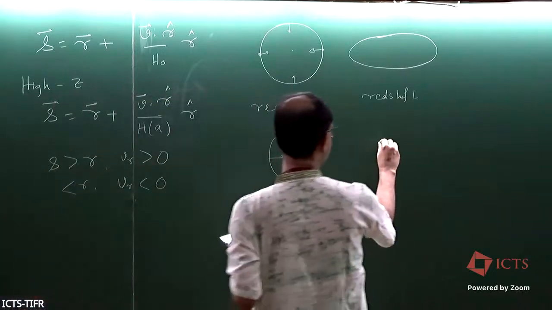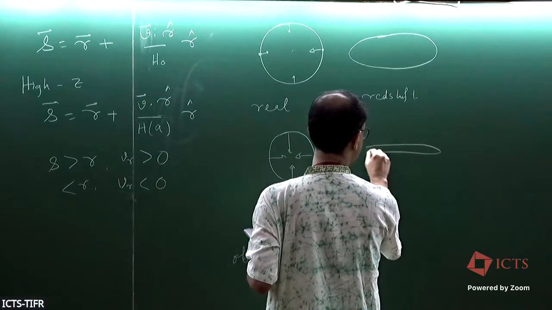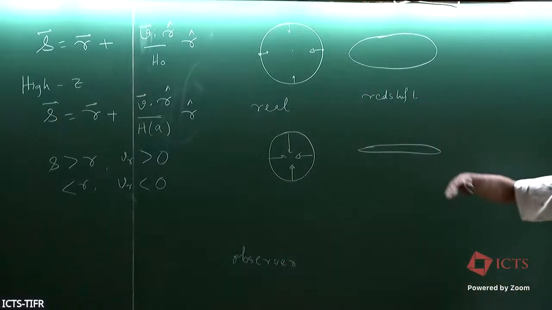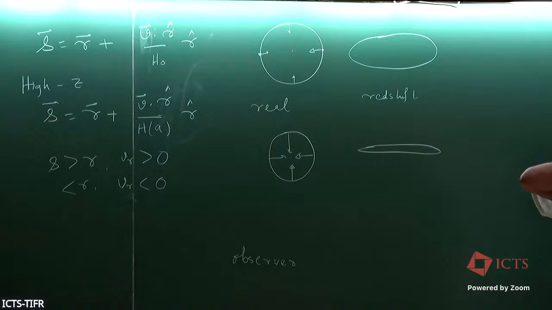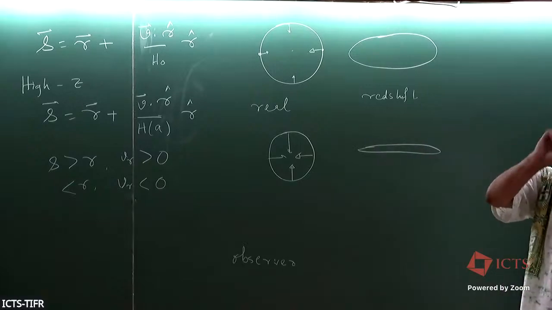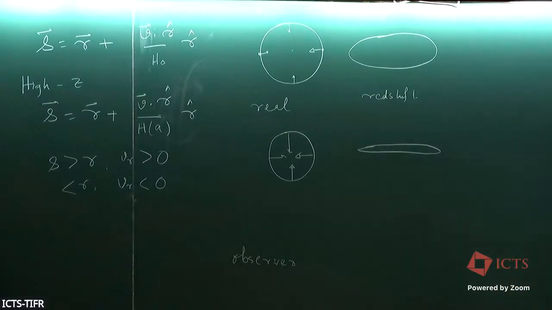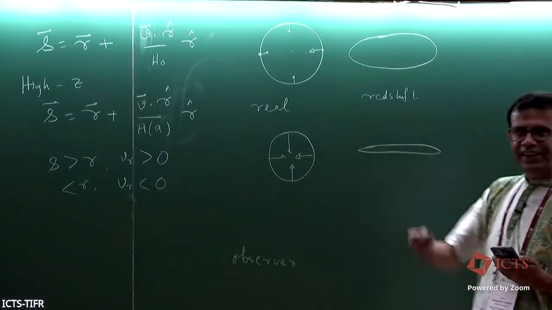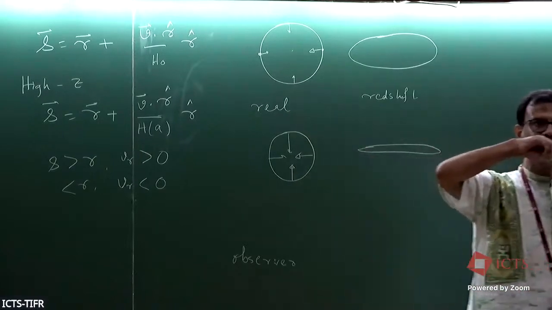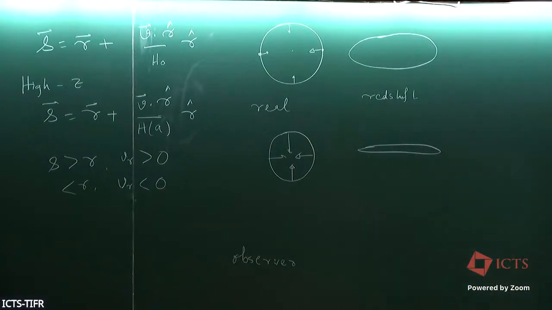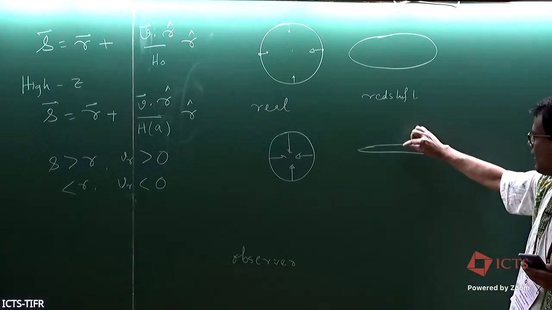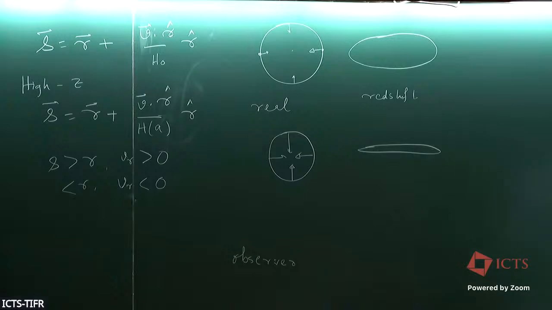Then what you will see is an almost fully squashed thing. Okay, it's basically come and almost fell on top of each other. Now beyond this, what can happen is a crossover. So this velocity has become more than the Hubble velocity. As a result, things which are otherwise nearer to us would seem further and vice versa. So there will be a flipping of this.